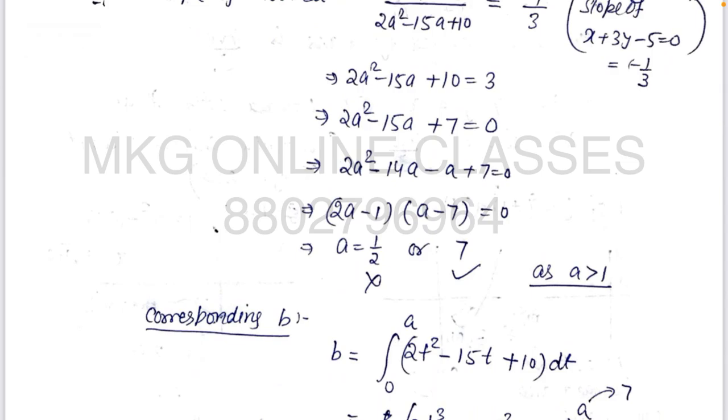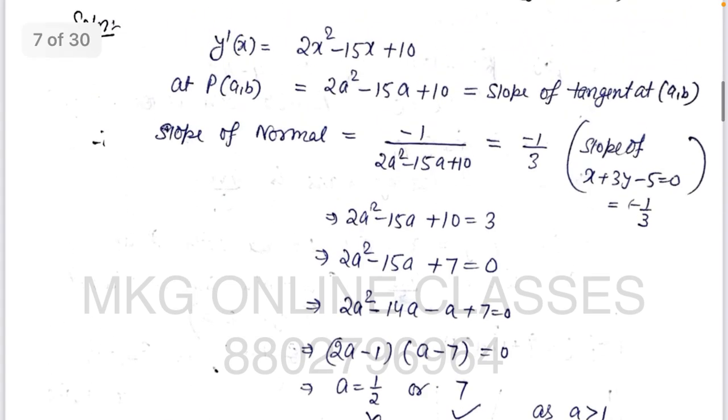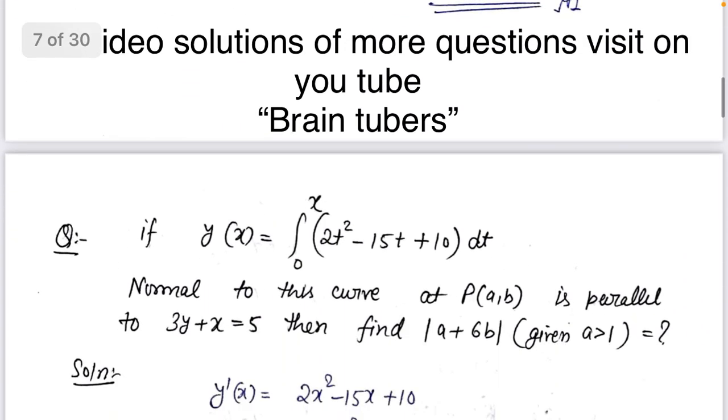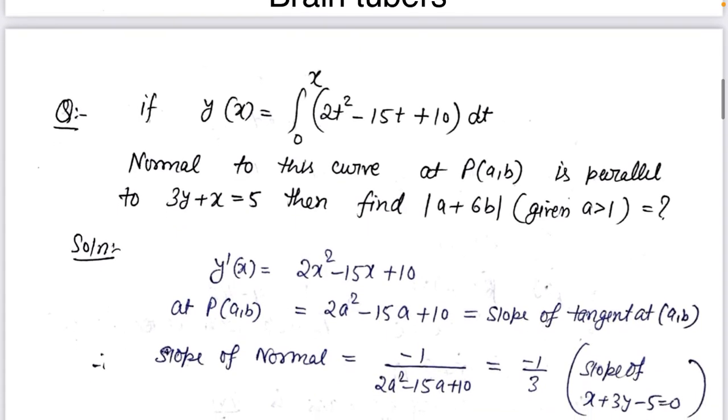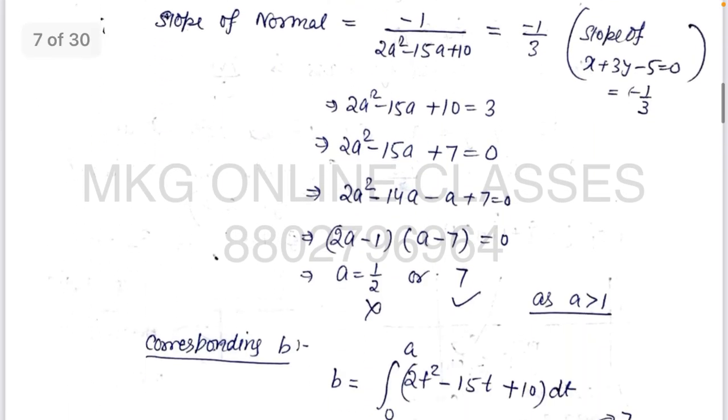Now we want b. To find b, in the equation of the curve which is given, y of x is equal to the integral from 0 to x of 2t square minus 15t plus 10 dt. In this equation you put a, meaning 7, in place of x. So basically b is equal to the integral from 0 to 7 of 2t square minus 15t plus 10.